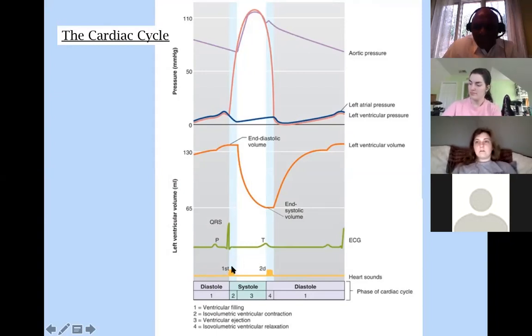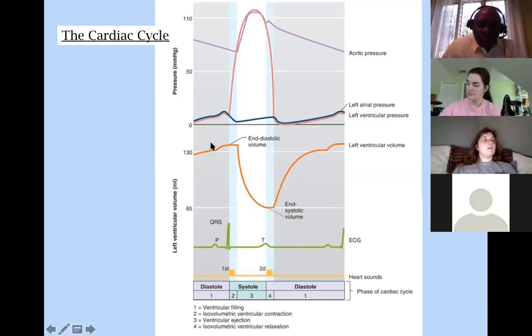Remember that the valves are pressure regulated valves. What's causing the pressure? The change in the volume of the ventricles. When the ventricles contract, decrease in volume, the pressure goes up. When the ventricles expand in volume, the pressure drops.